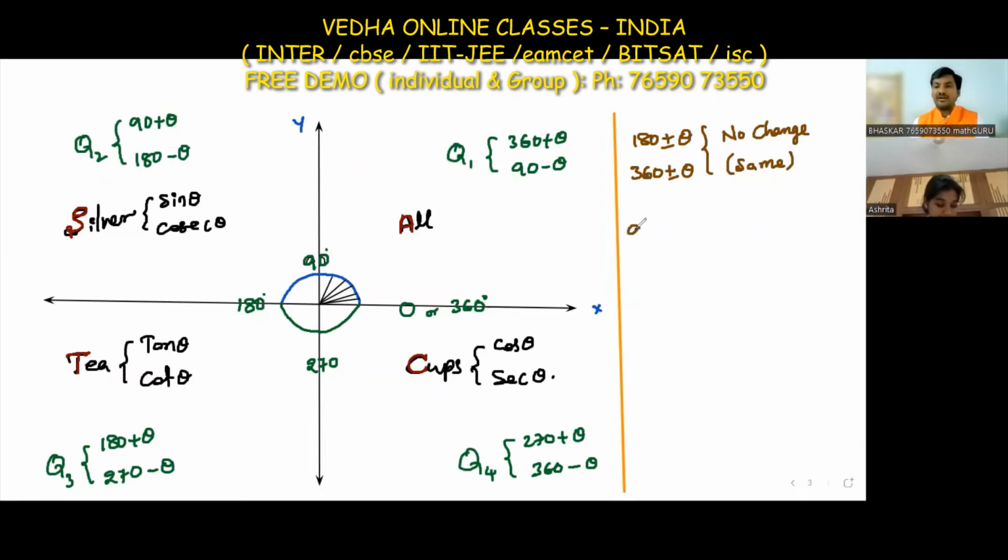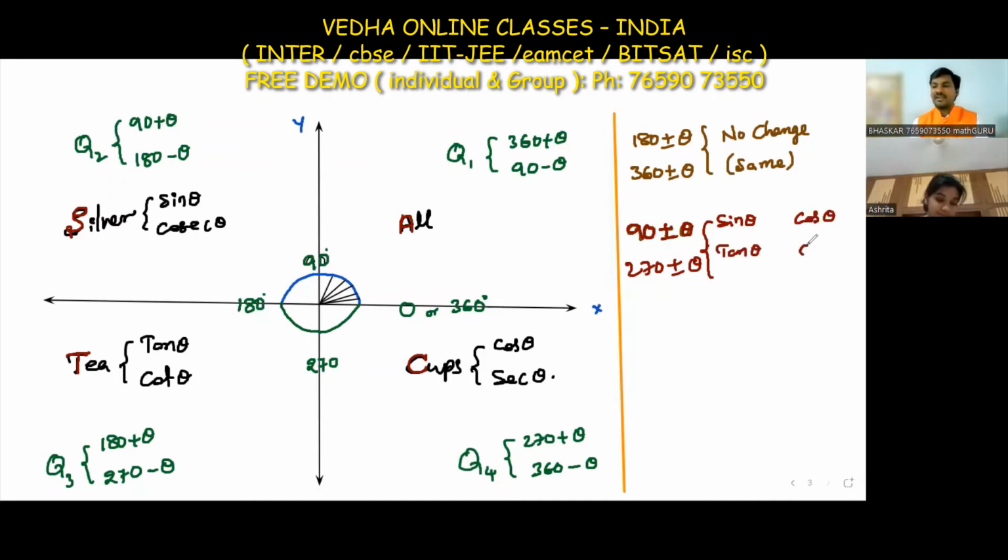And when we have 90 plus or minus theta or 270 plus or minus theta, then we change the trigonometric ratios. How do we change them? Sine theta is replaced with cos theta. Cos is replaced with sine.